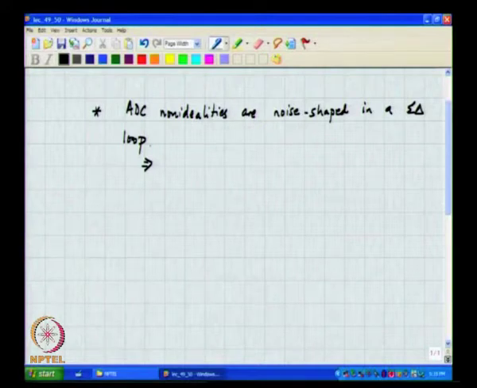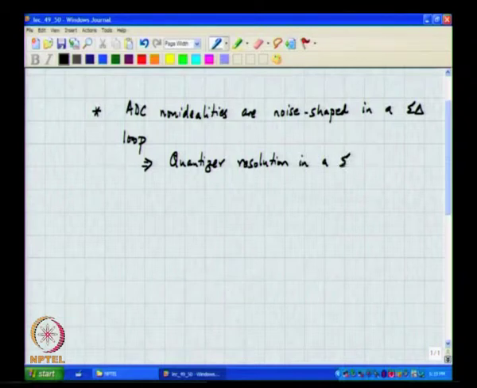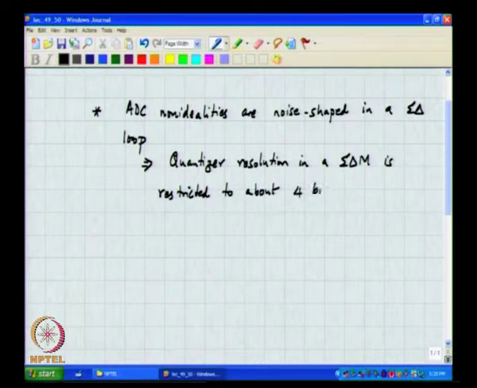And so, there is also another aspect that usually the quantizer resolution in a delta sigma modulator is restricted to about 4 bits.